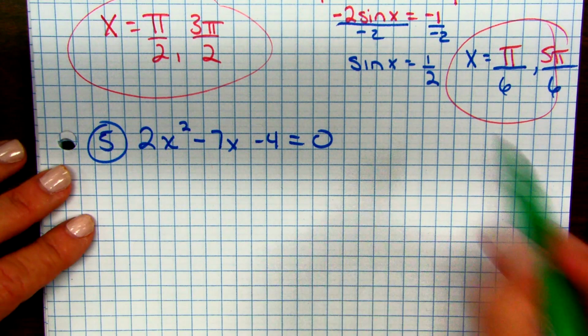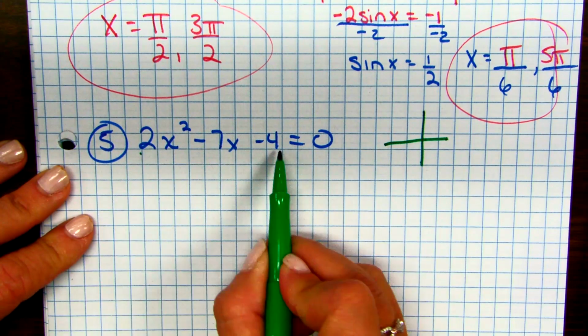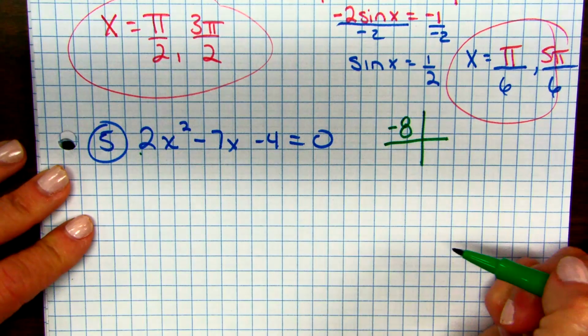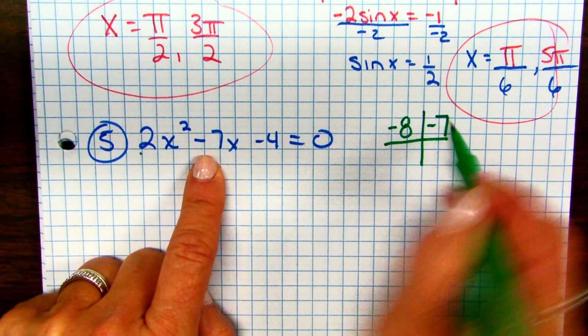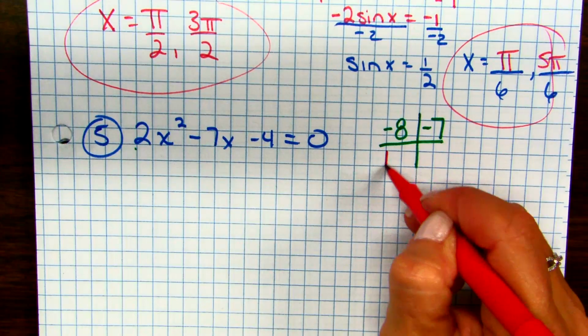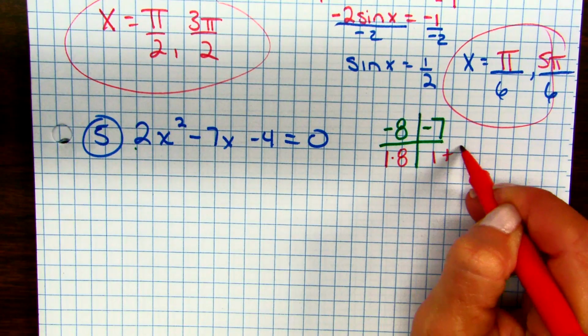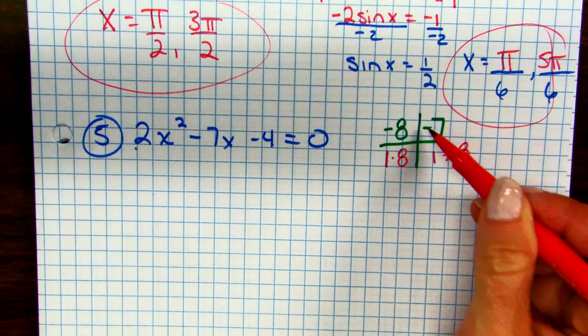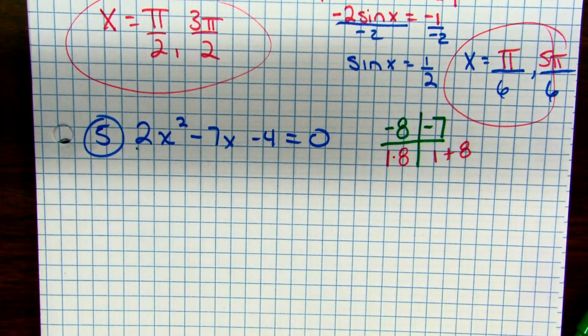The chart problem, 2 times -4 is -8. Middle number is -7. The only numbers that make an 8 are 1 and 8 or 2 and 4. 1 and 8, we can also somehow make a 7 out of it, right? A -7 specifically.